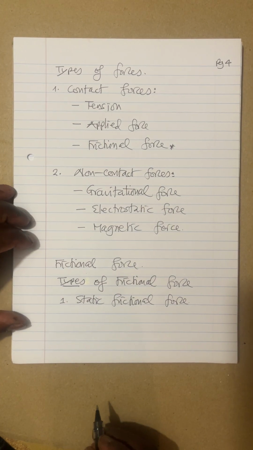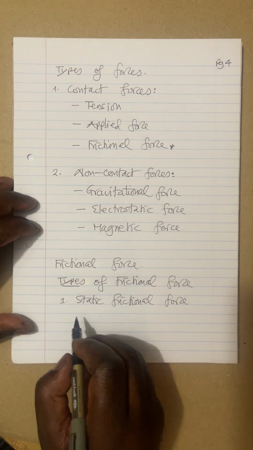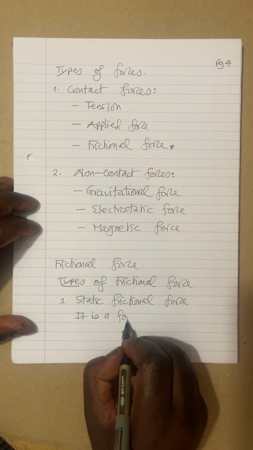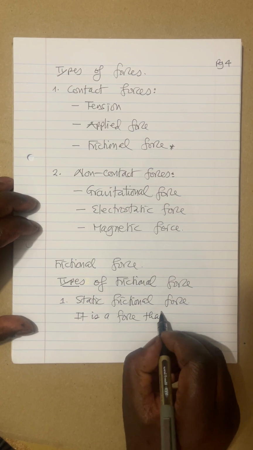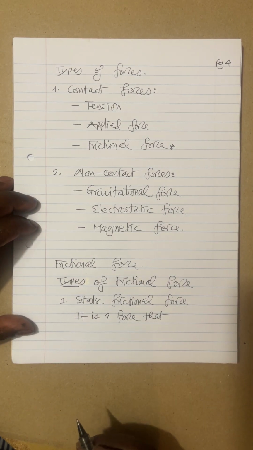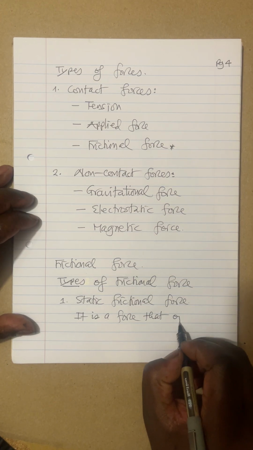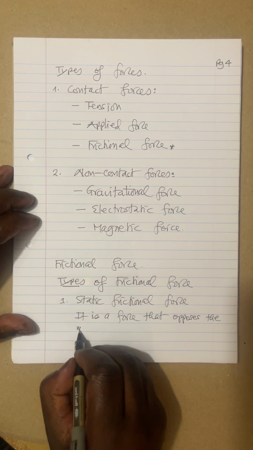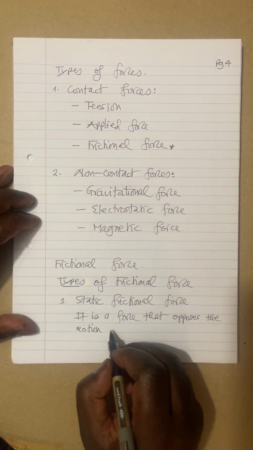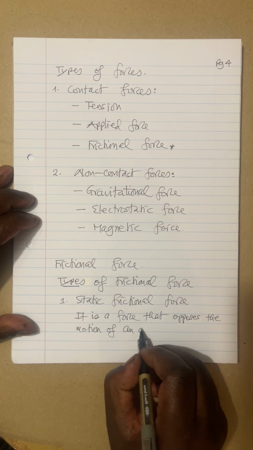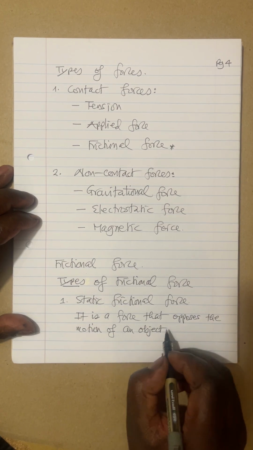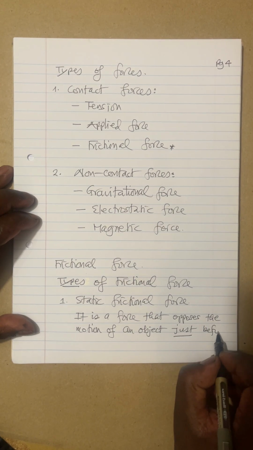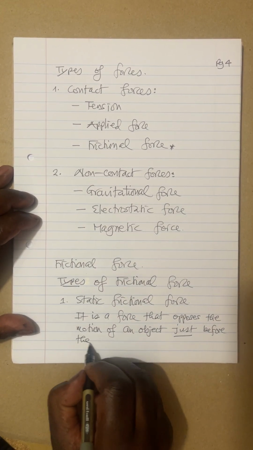Now, I define static frictional force as a force that opposes the motion of an object, and underline that word, just before the object starts moving.